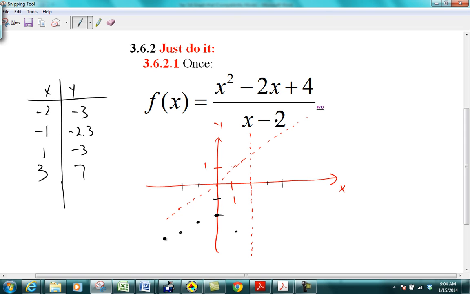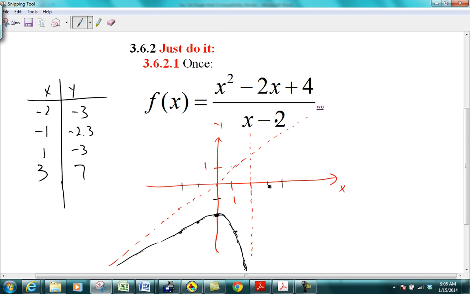So it looks like this arm is going to be, so here's my asymptote. Let's just extend this out a little bit. So that arm is going to look like this. Like that. And then on the other side, I've got 3 is equal to 7.